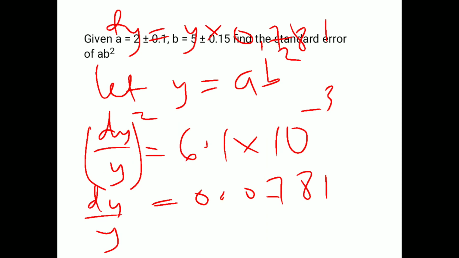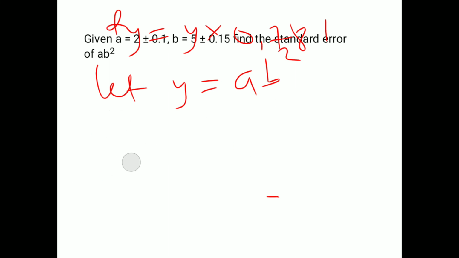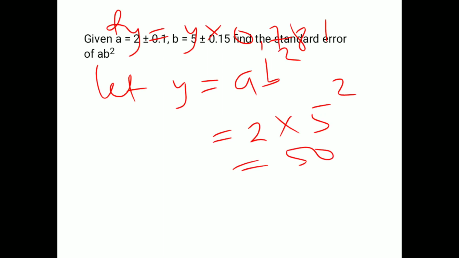Now we need to calculate y. Let's find what y is. Remember, we said that y is equal to ab squared, okay? Our a is 2, our b is 5, so 2 times 5 squared is 50.